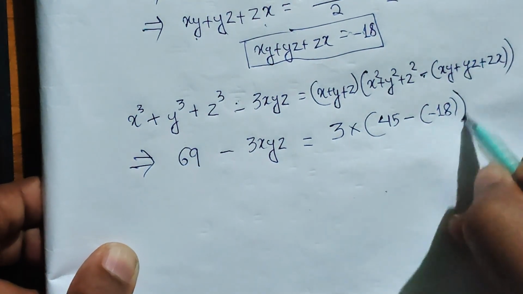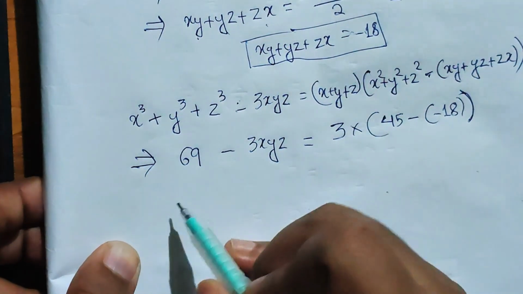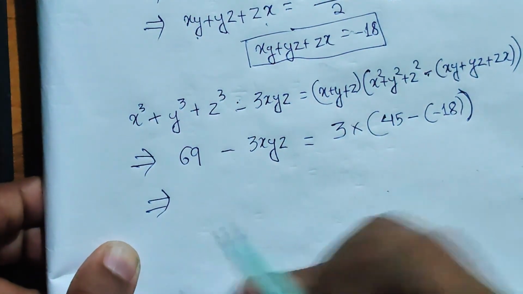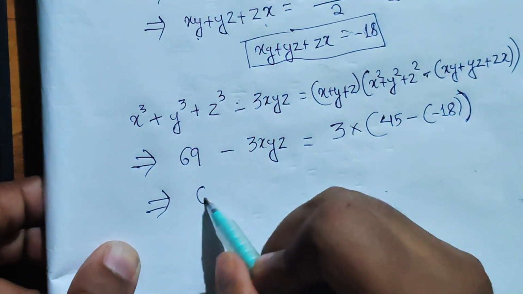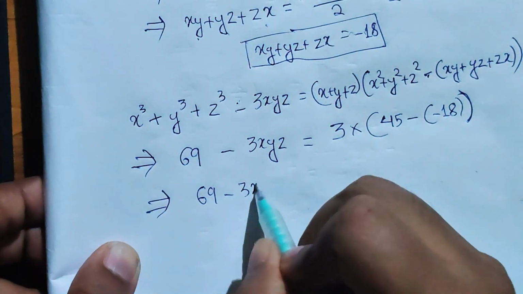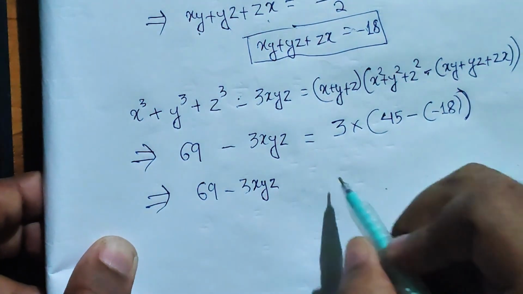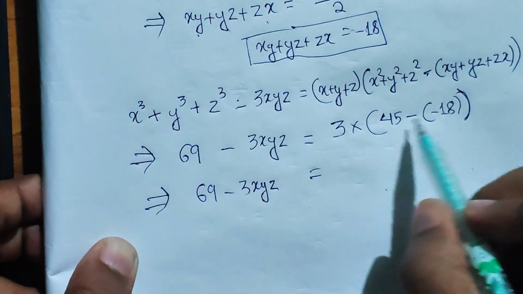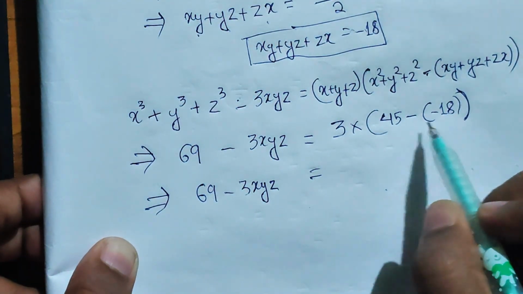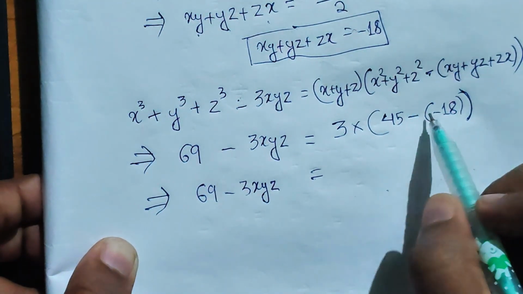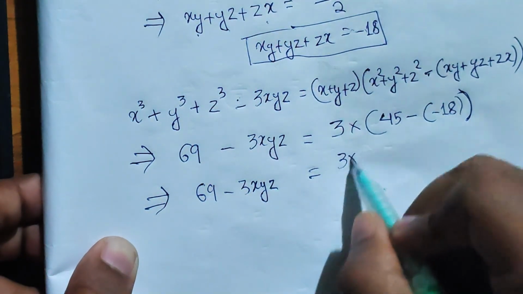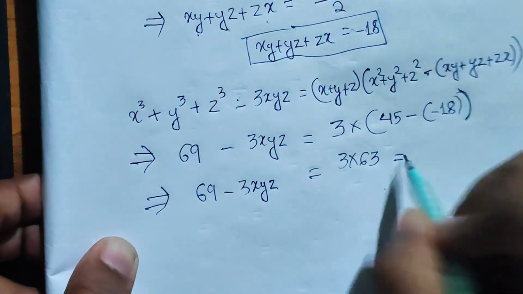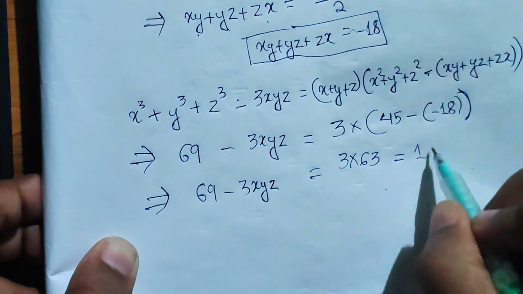Okay, so this is the equation. Now we have 69 minus 3xyz equals, this will be simplified to 45 plus 18, so this will be 63. So 3 multiplied by 63, which is 189.